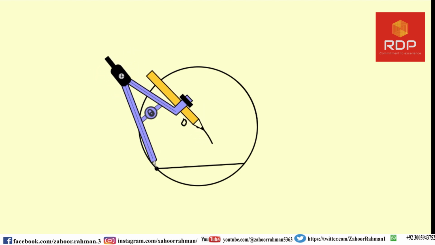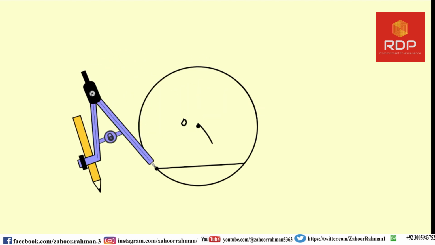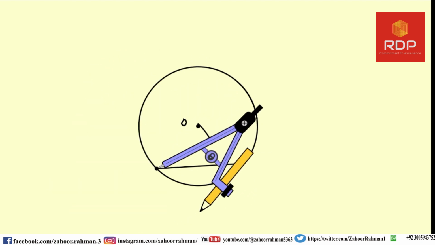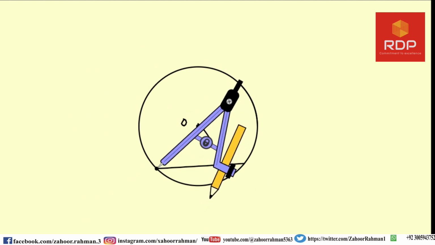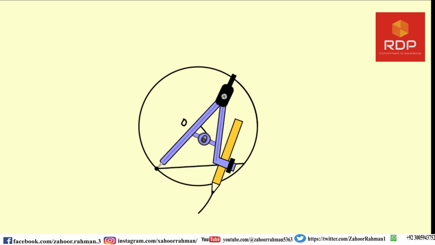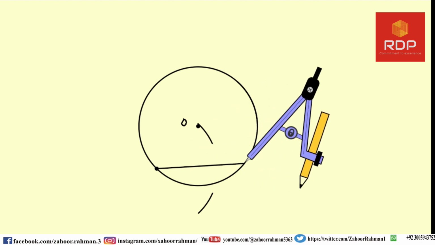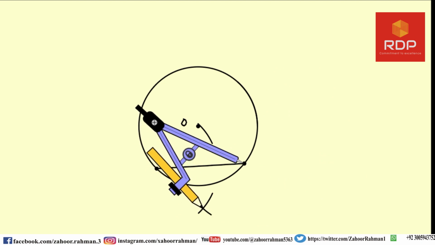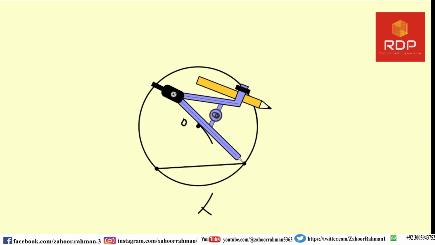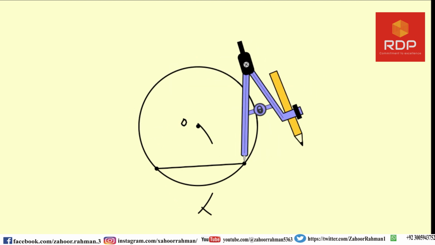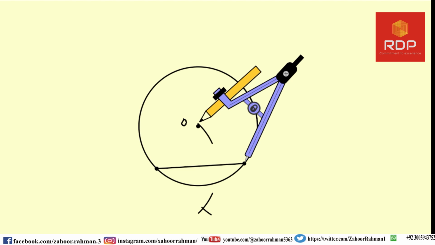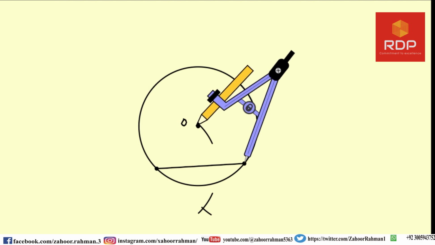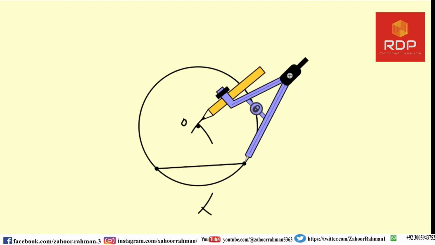So let us make this, and the second one is this line. Now we have to put it at that side and bring this and draw an arc here. Then we have to bring this, and we have to make an arc here.